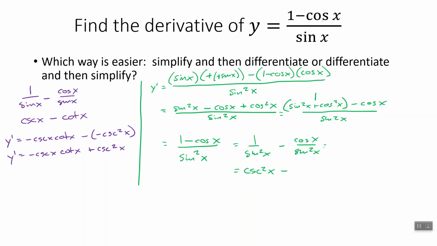So we can say this is basically cosine of x over sine of x times 1 over sine of x, like that. So we have the 2 sines on the bottom and the 1 cosine on top. Cosine over sine is cotangent. 1 over sine is cosecant. And now it matches. So we got the negative here with that guy is right there. And then this guy, cosecant squared, positive cosecant squared.